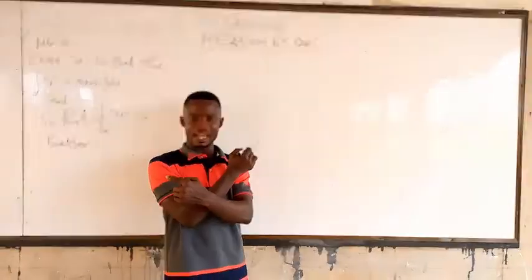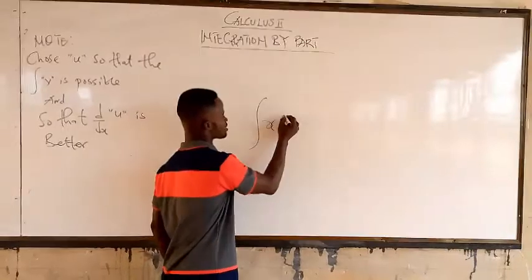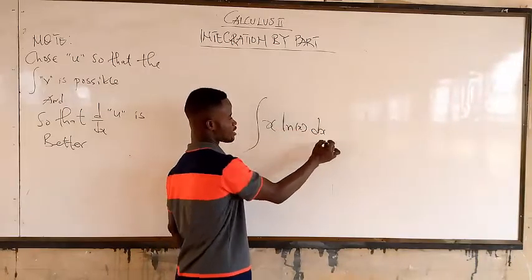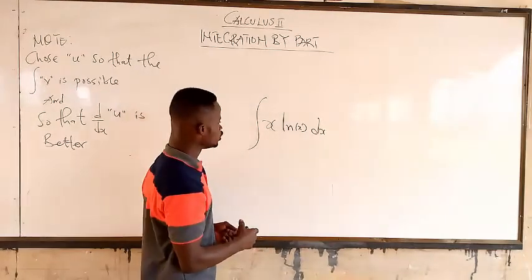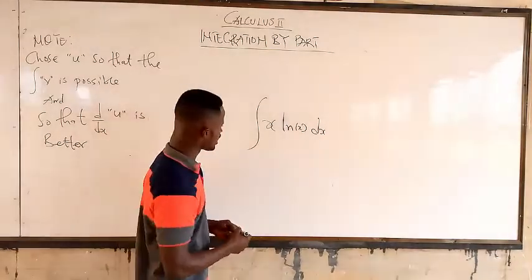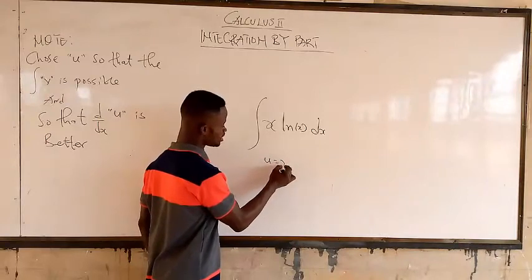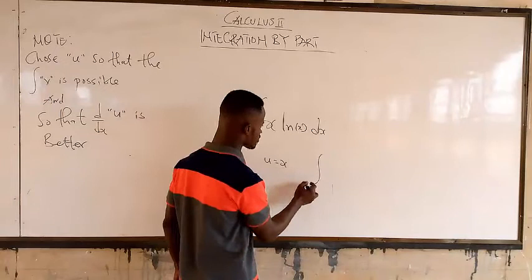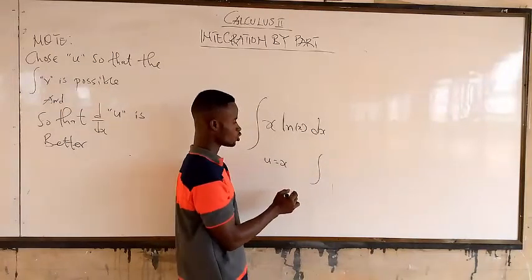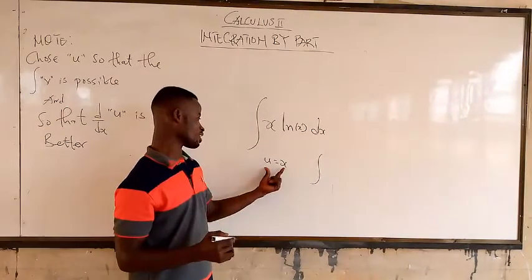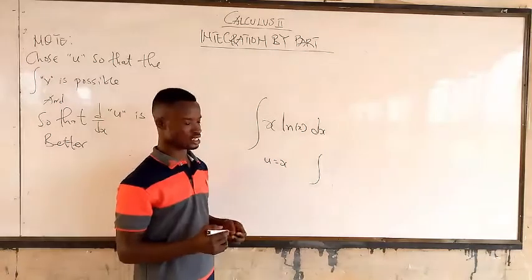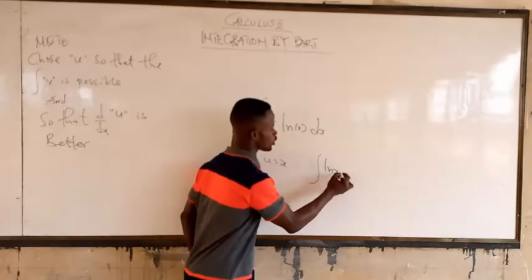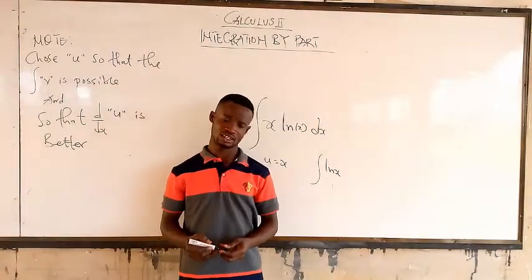What I mean by this saying, if you have ln S ds to integrate, and you mistakenly pick your u to be S, and your integral, you mistakenly pick your u to be S, then how are you going to integrate with S?